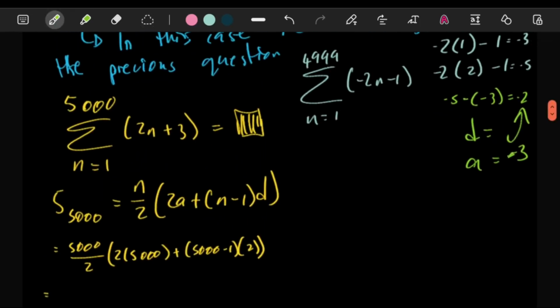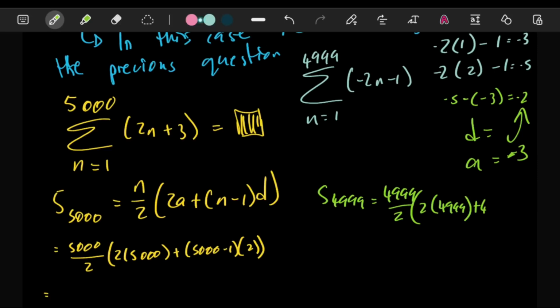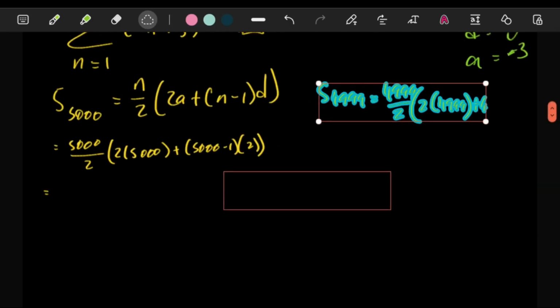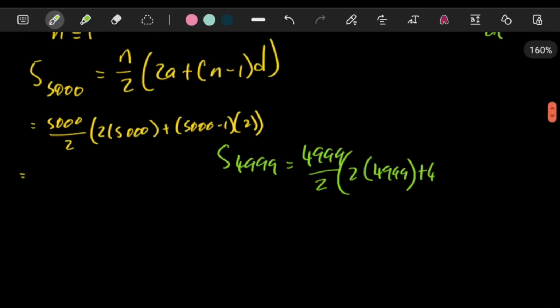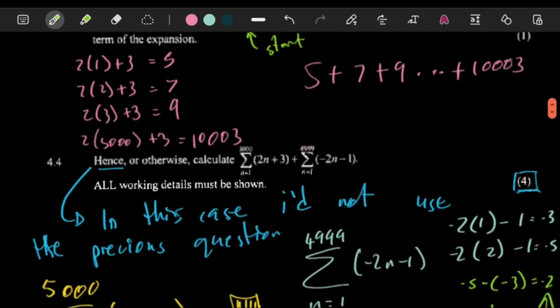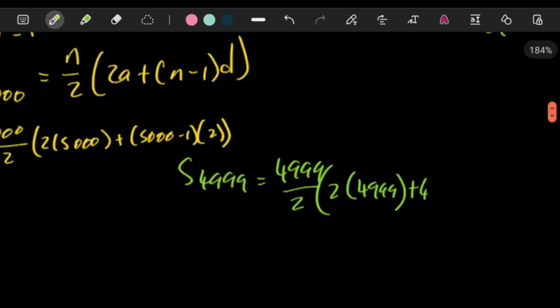What is next? Okay, the SN formula. S 4,999 is equal to 4,999 over 2, and then this is 2 times 4,999. This is plus 4,999 minus 1. Why do I have all this space and I'm busy in the corner there? So let's see.